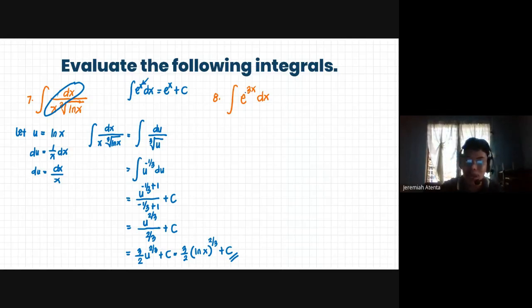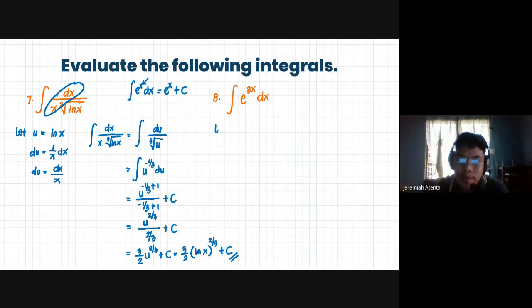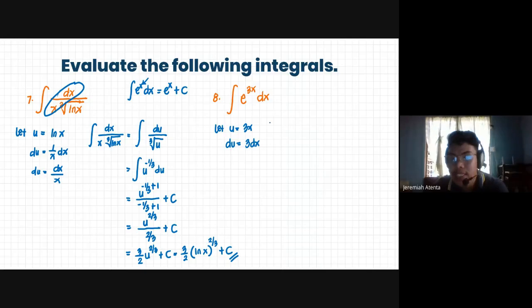Now in this case, we have 3x. So we need to change this one. So siya yung ililet natin ngayon ng u. Okay? So we let u be equal to 3x. So therefore, we will have du equal to 3dx. Okay? Are we good? Now, take note, we only need dx here kasi walang katabi si dx dyan.